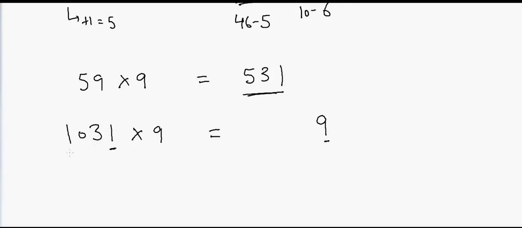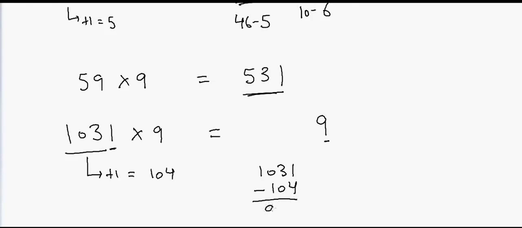Then I have 103, and I add 1 to it. That will be 104. And then I have to subtract: 1031 minus 104. This could be a little tricky for some people, but if you look, it's not that hard. It's 927. So the answer will be 9279.